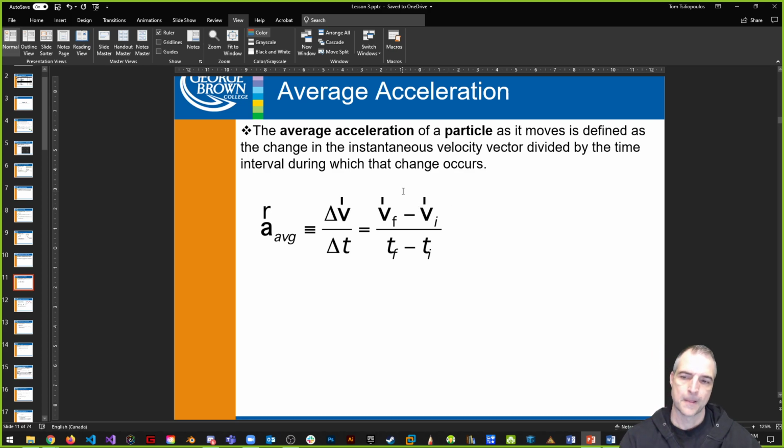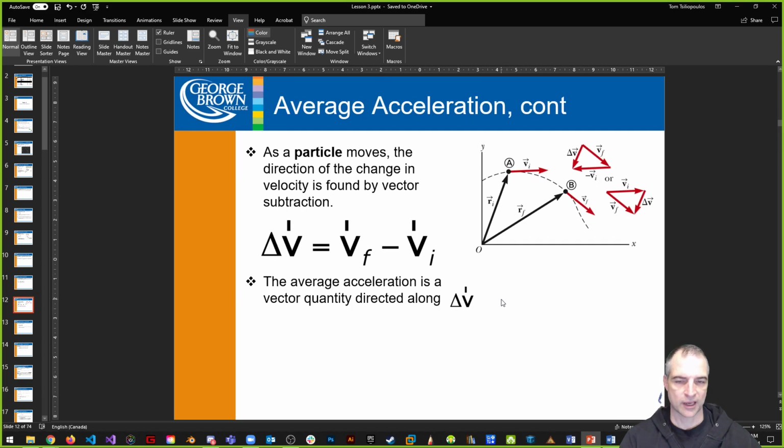Okay. Again, the average acceleration is equal to the change in velocity over time, the rate of change of velocity over time. That's what it is. And when we say the rate of change of velocity, it's velocity final minus velocity initial over time final minus time initial. And typically time initial is 0. Okay.